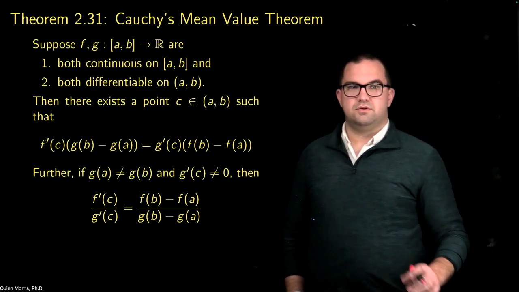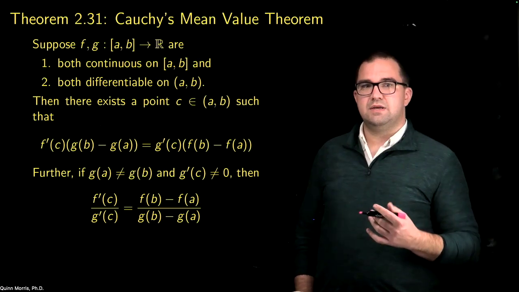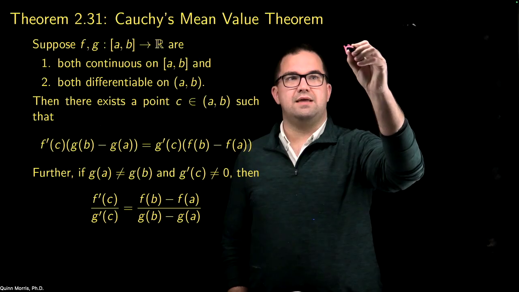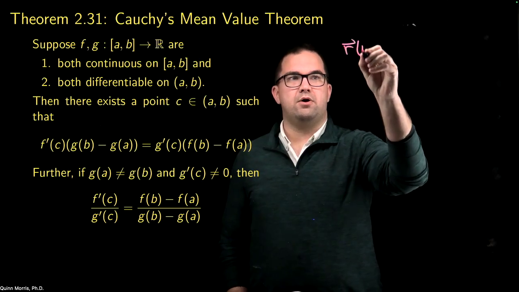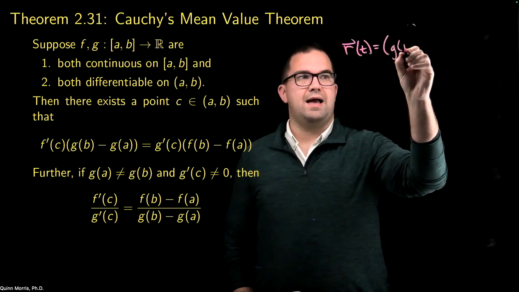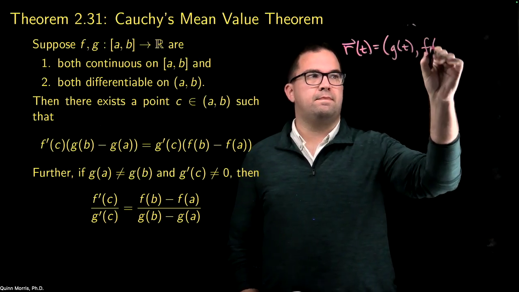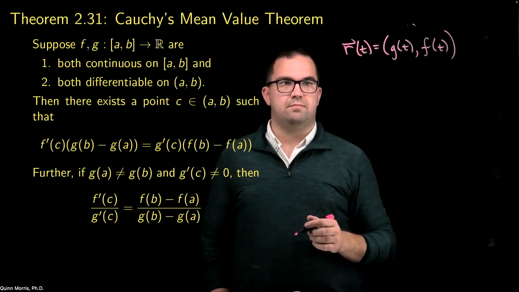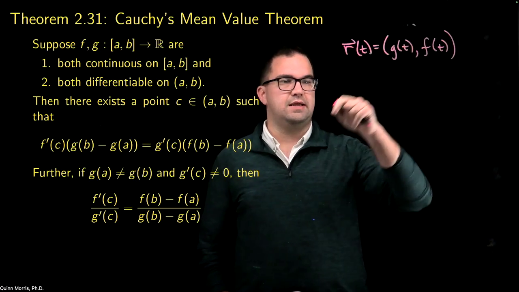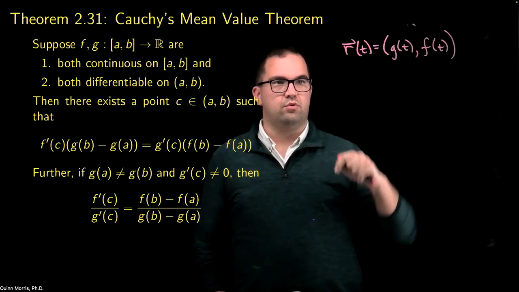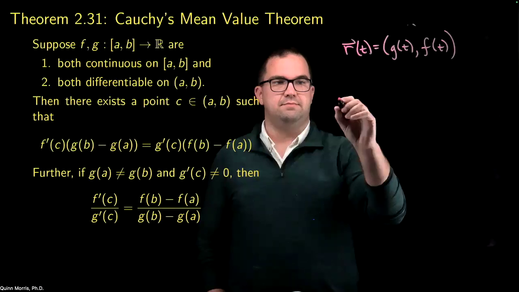Now, to make sense of this, I think it's easiest to think of this as being a theorem about parametrically defined curves. So imagine you have some parametrically defined curve in the plane. I'm going to call this r of t, whose x-coordinate is the function g of t and y-coordinate is the function f of t.